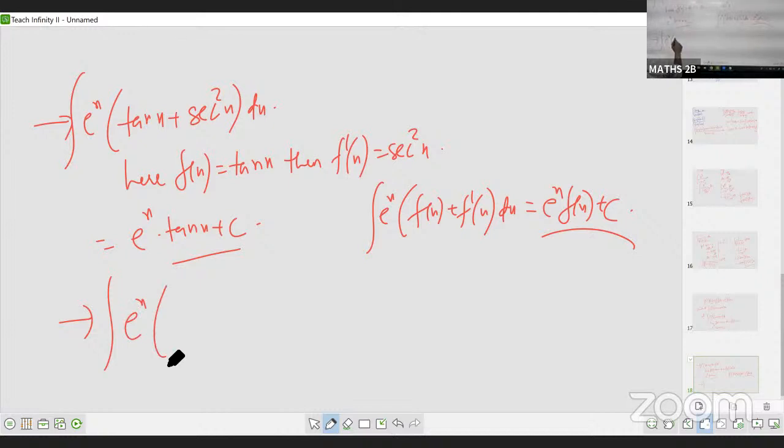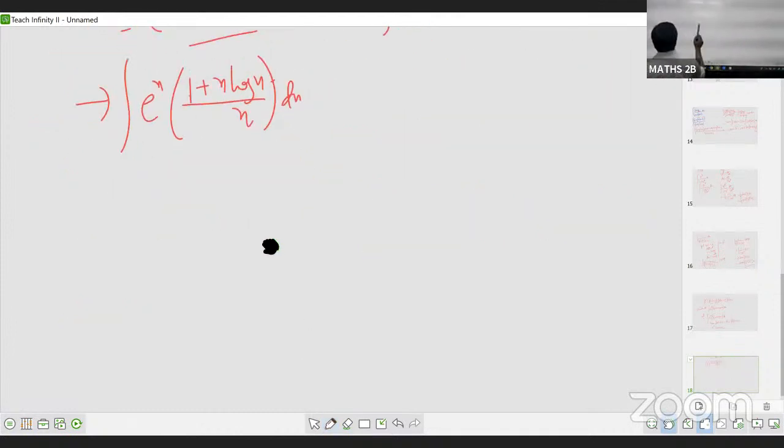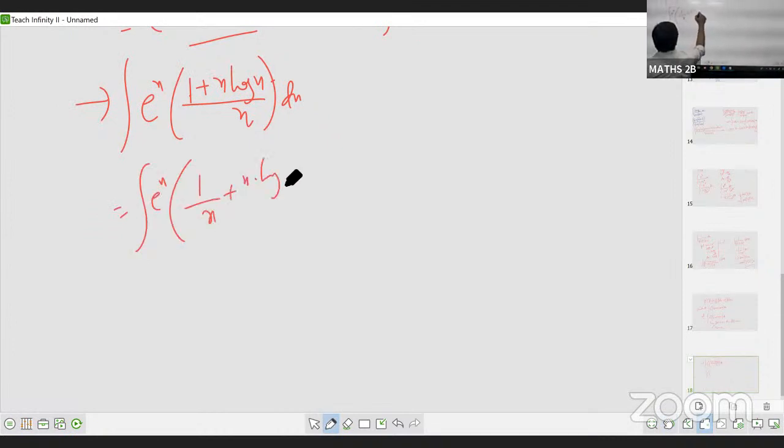e power x into 1 plus x log x by x dx. Separate your denominator for both the numerators: e power x into x log x by x dx.